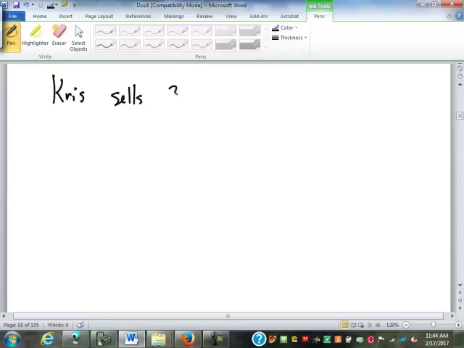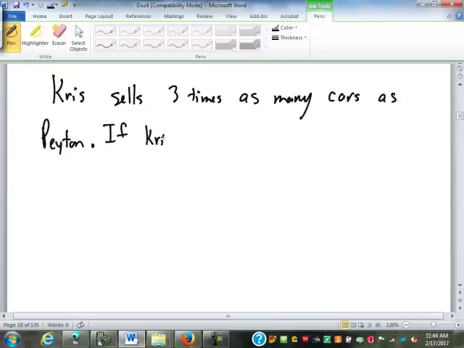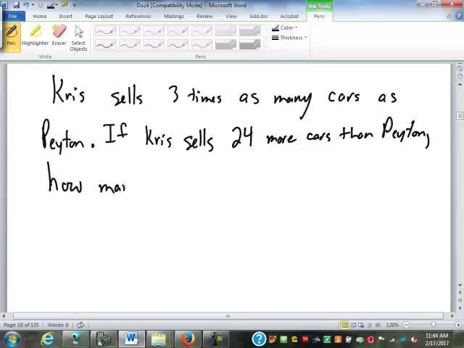Chris sells 3 times as many cars as Peyton. If Chris sells 24 more cars than Peyton, once again, how many did each sell?